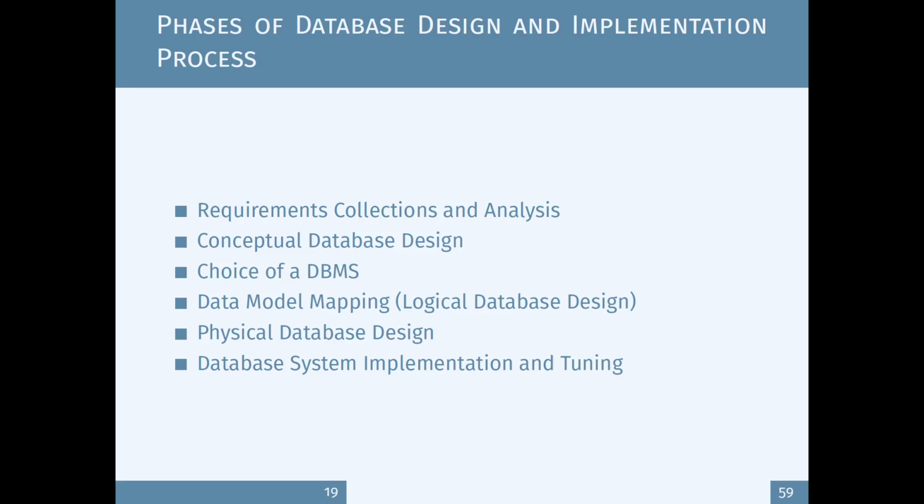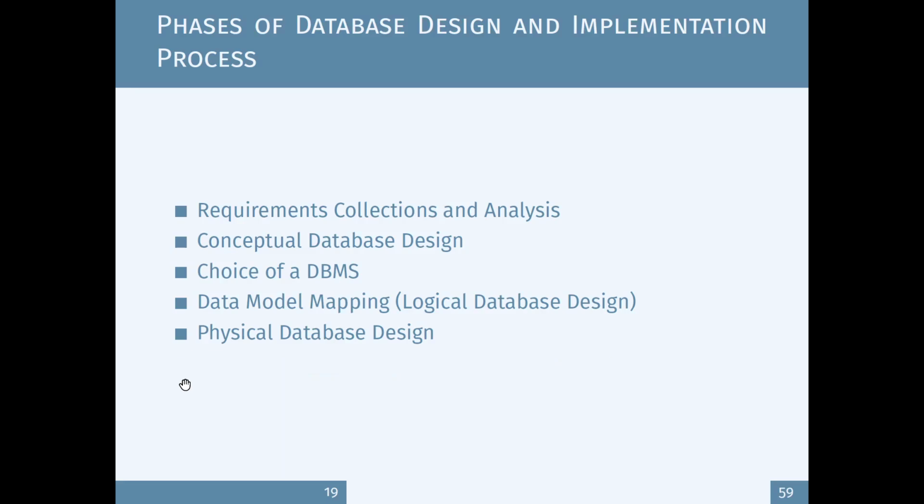And the last one is database implementation and tuning. Basically, you have to implement and you have to tune, meaning you have to look at the performance of your queries, how fast they will execute and how you improve the timing and so on. So we have to look at all those aspects, right?